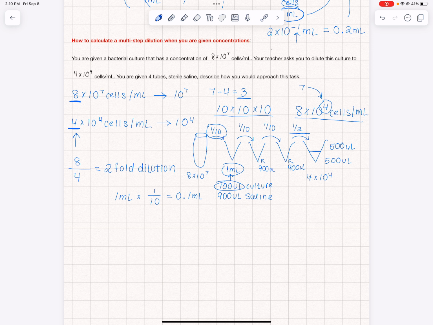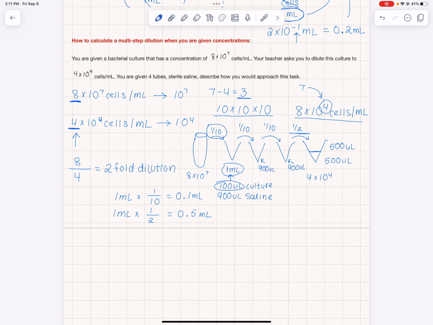And in the case of our 1-to-2 dilution, or our twofold dilution, we could do the same thing. And that would give us 0.5 mLs.